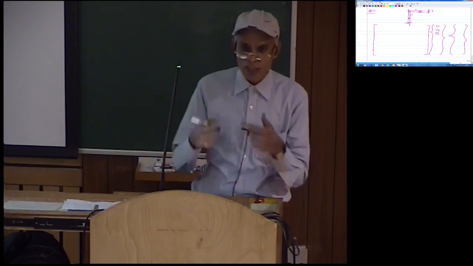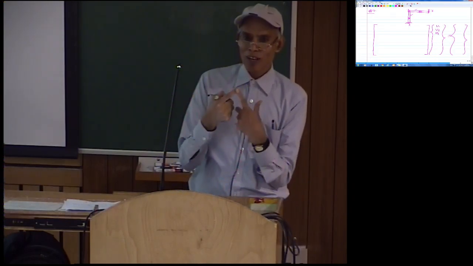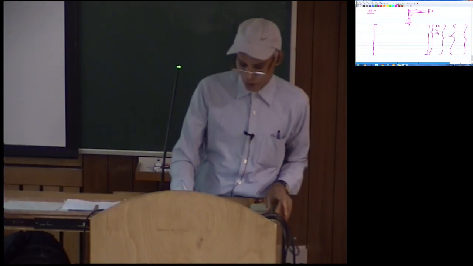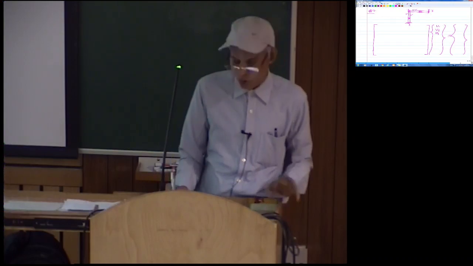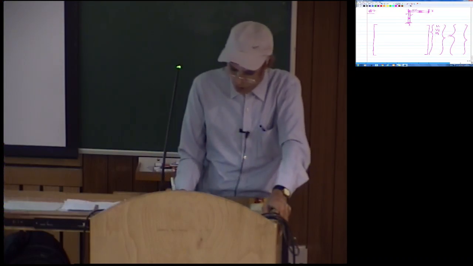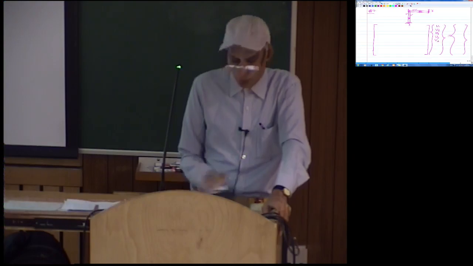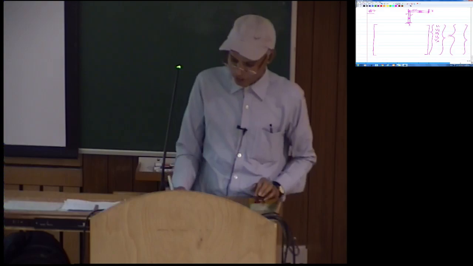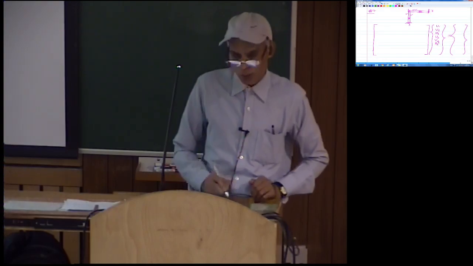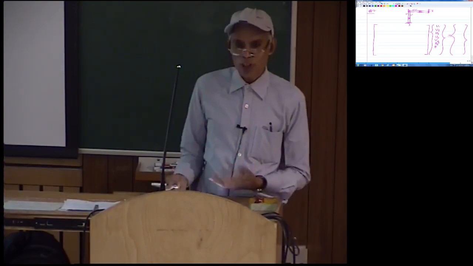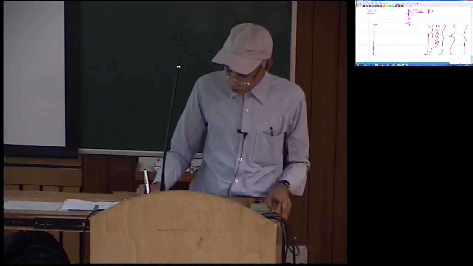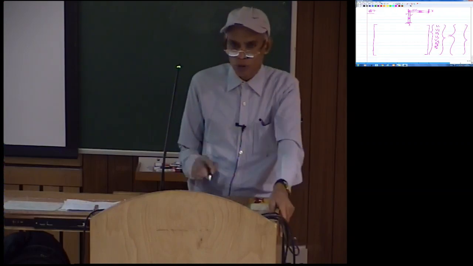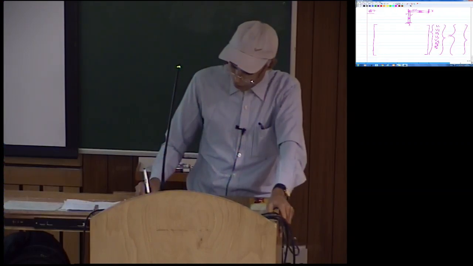Then at node 2, the node has to translate by the same distances along x and y direction, whether it belongs to the first element or second element. So U and V are the same for both elements: U2, V2. But there would be two thetas, one for the first element, let's say theta 21, and of course you can put these degrees of freedom anywhere you like, and one for node 2 belonging to the second element.